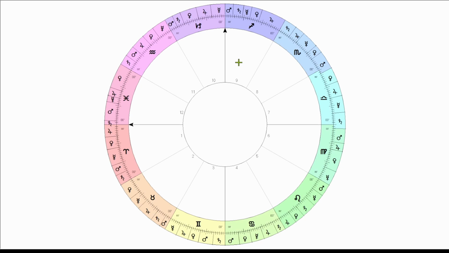So I wanted to talk about some basic information which helps you to begin to look at a natal chart, even if you didn't know the meaning of the houses and you didn't understand the meanings of the zodiac and you didn't know what the planetary rulers were for each sign, you could still deduce something about this person's natal chart.